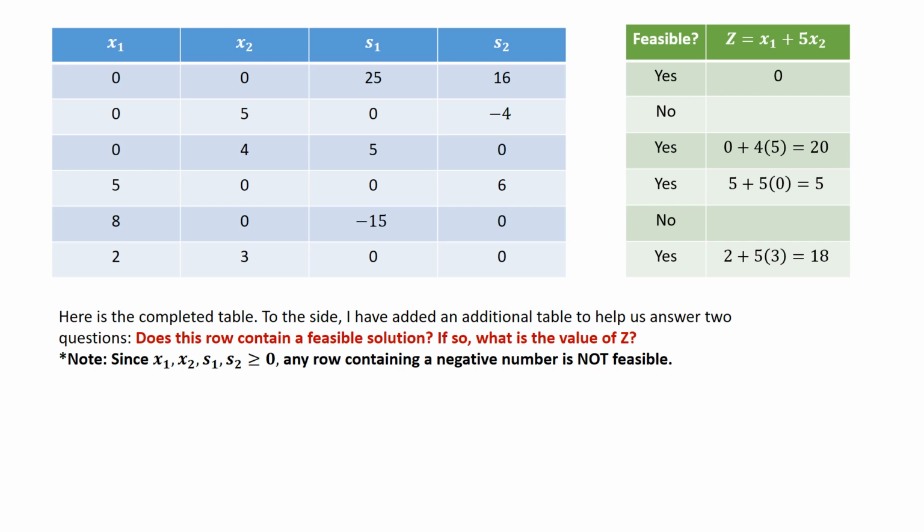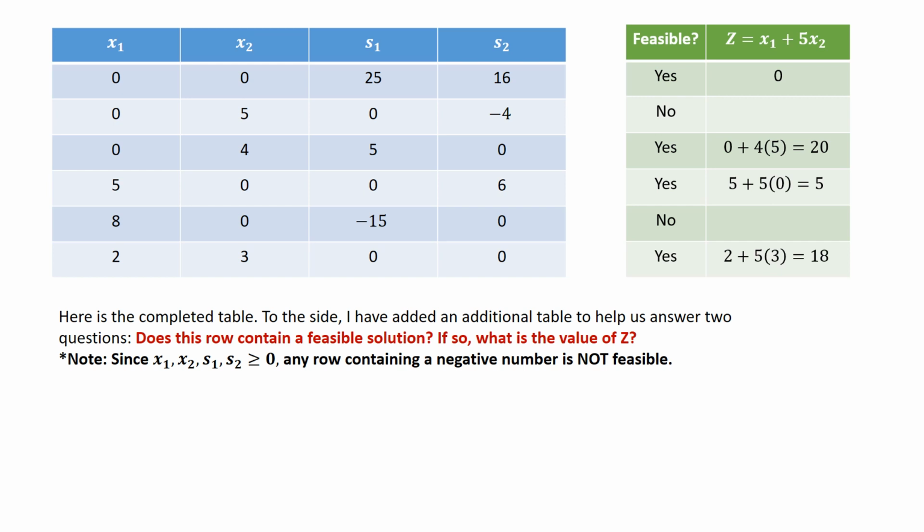To the side, I've added an additional table that will help us answer two questions. Does this row contain a feasible solution? And if so, what is the value of our objective function z equals x1 plus 5x2? Remember, our goal is to solve the crumb and custard bakery problem, and this was our objective.